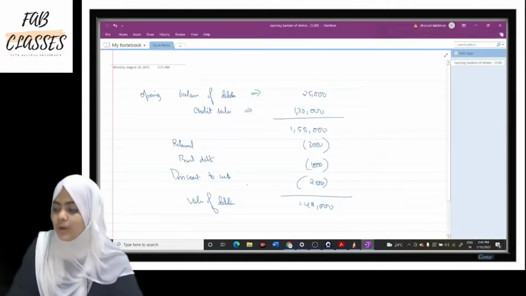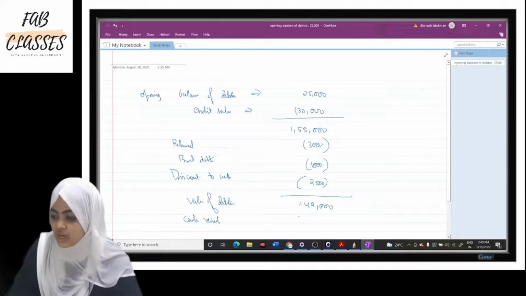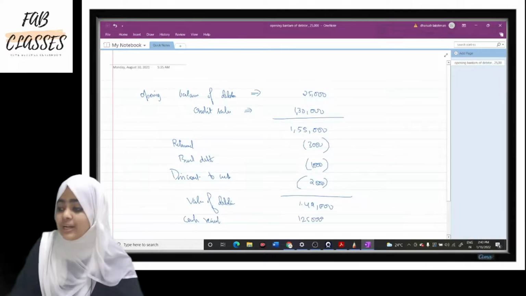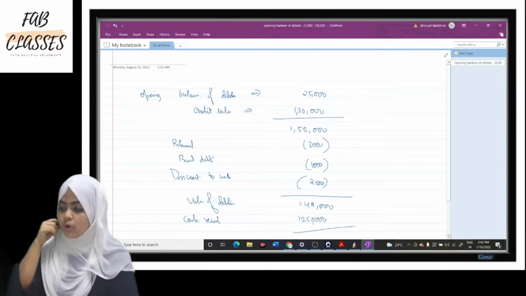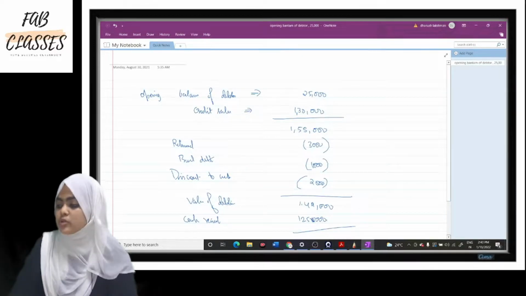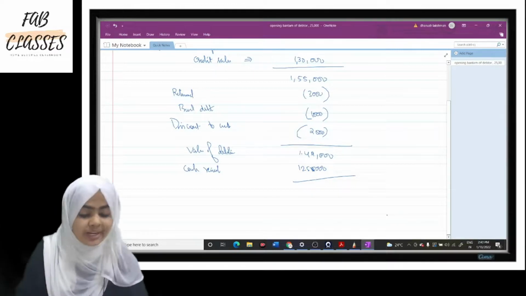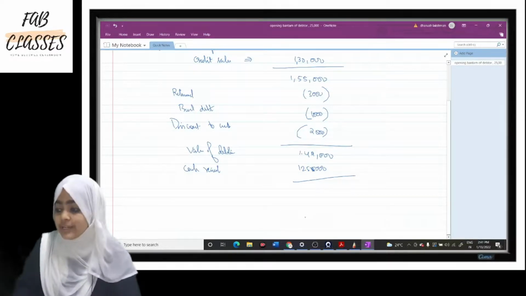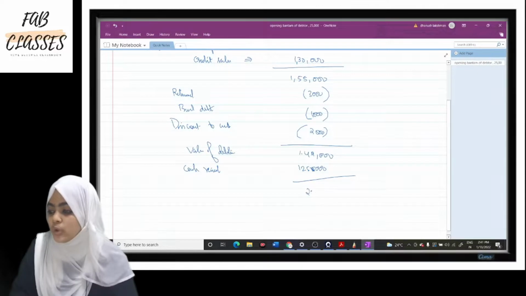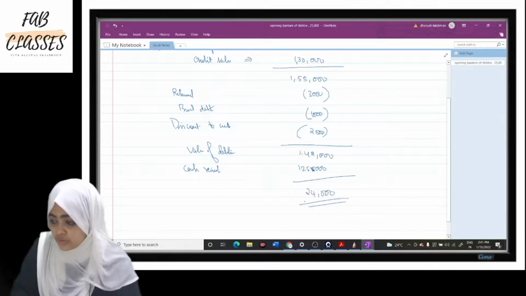So what will be the closing balance, or now what would be the balance of the debtors? 1,49,000 minus 1,25,000 will give you 24,000 rupees.